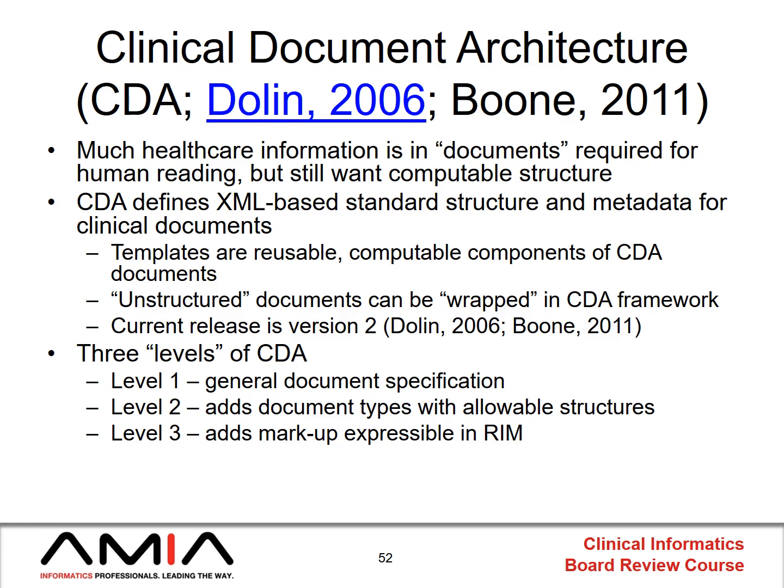The first is the general specification of the document. The second level is the definition of document types and then the allowable structures within those types of documents. And then the third level is when we actually completely structure the data within the document and express this data in the RIM.